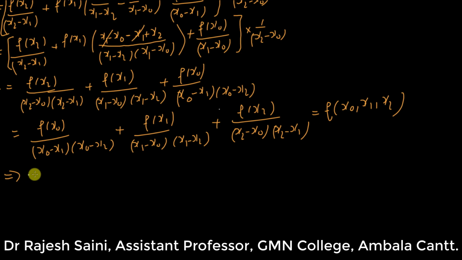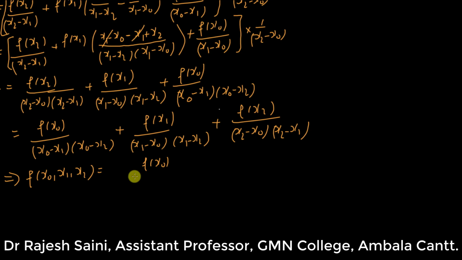This implies that f of x naught, x1, x2 is equal to f of x naught plus x naught minus x1, x naught minus x2.